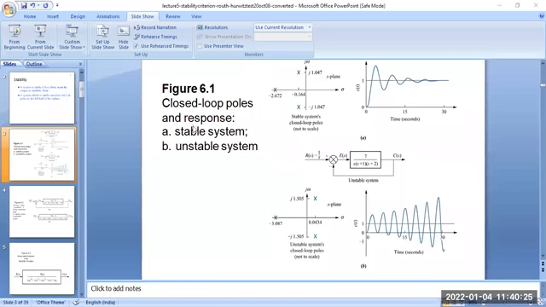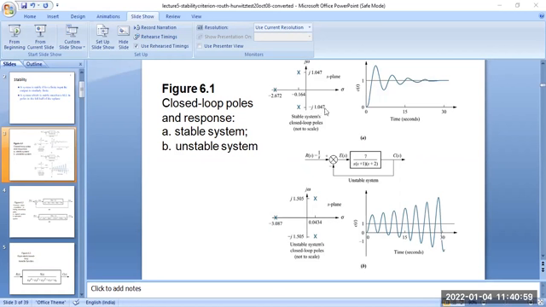Now all of you have seen this picture. This shows closed loop poles and the response of two systems: one is the stable system, and the other is the unstable system. The first picture is the stable system. We represent the poles graphically. Here you can see the left half plane, the LHP, and the right half plane, the RHP. This is the imaginary axis, with the positive and negative sides.